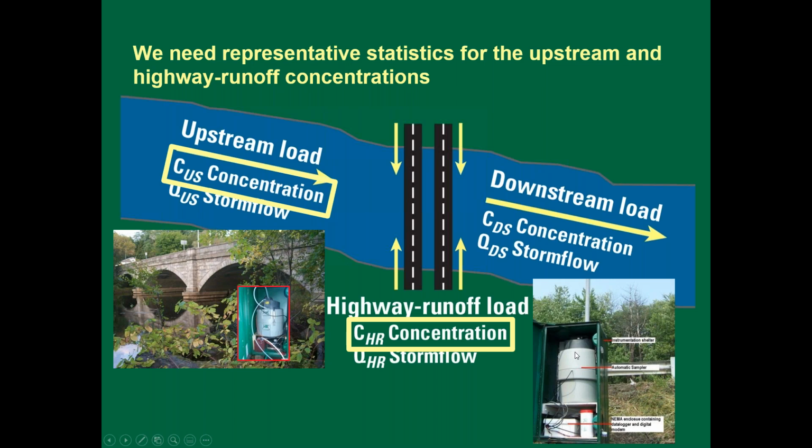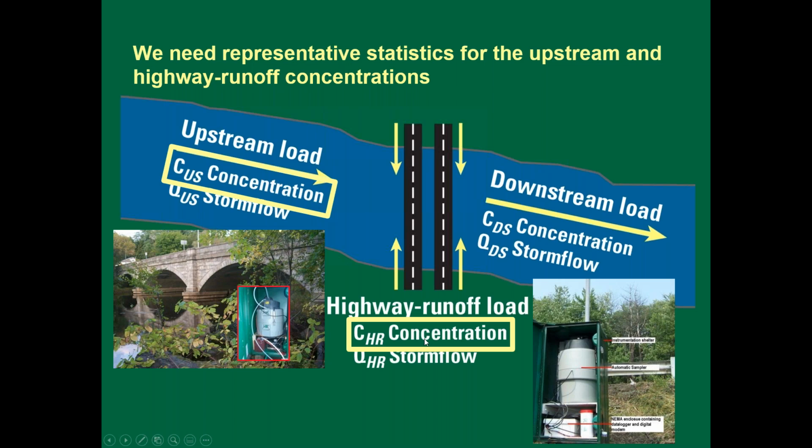Highway runoff monitoring is more common. It's very uncommon to get event mean concentrations or high intensity auto sampling in receiving waters. That's why we went with the transport curve option, which I'll explain in a few slides. To get these upstream loads, we need an upstream concentration and storm flow.